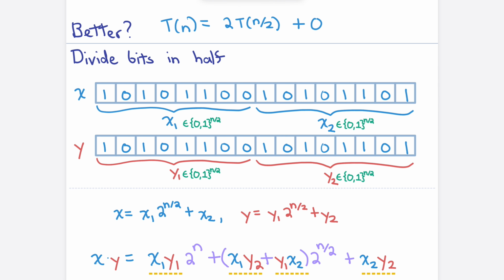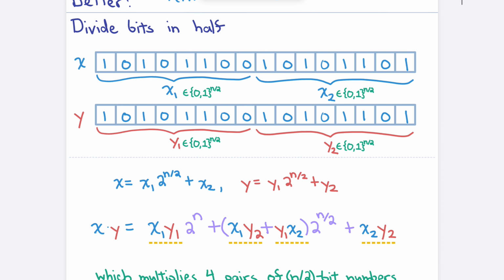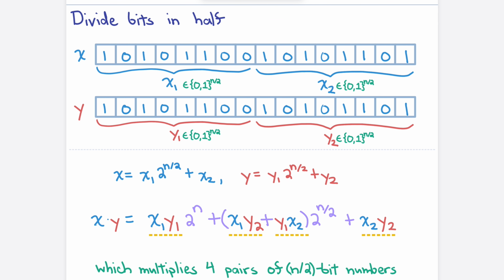Maybe you need some O of n to add things up at the end. Is this what everyone else got? Okay, so 2T(n over 2). That means there's two multiplies that have n over 2 bits. What are the two multiplies? This one? Is that one? Then that would be another one. Okay, but then what about this one? I think we need more than 2. 4.